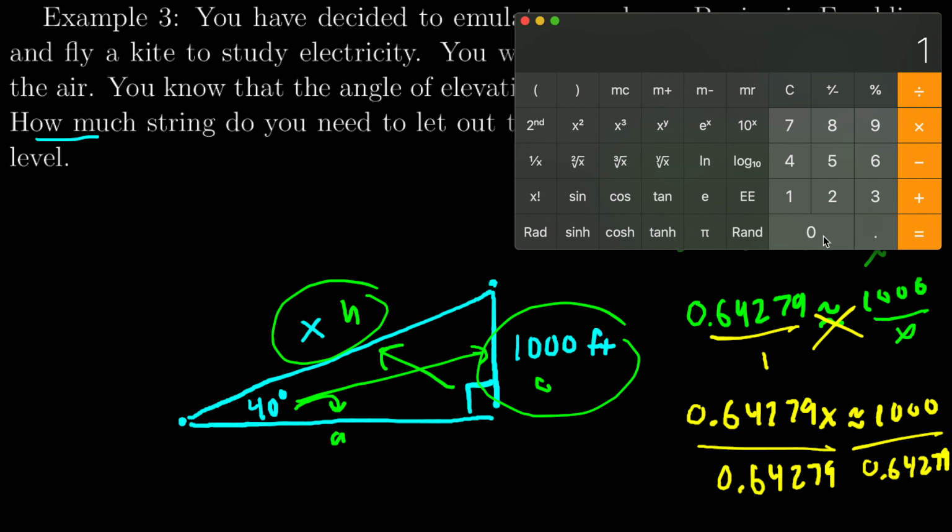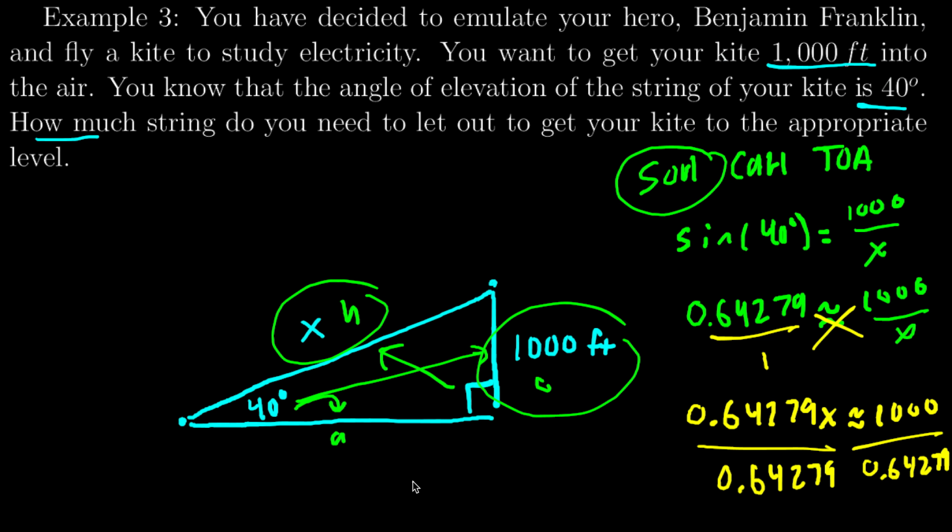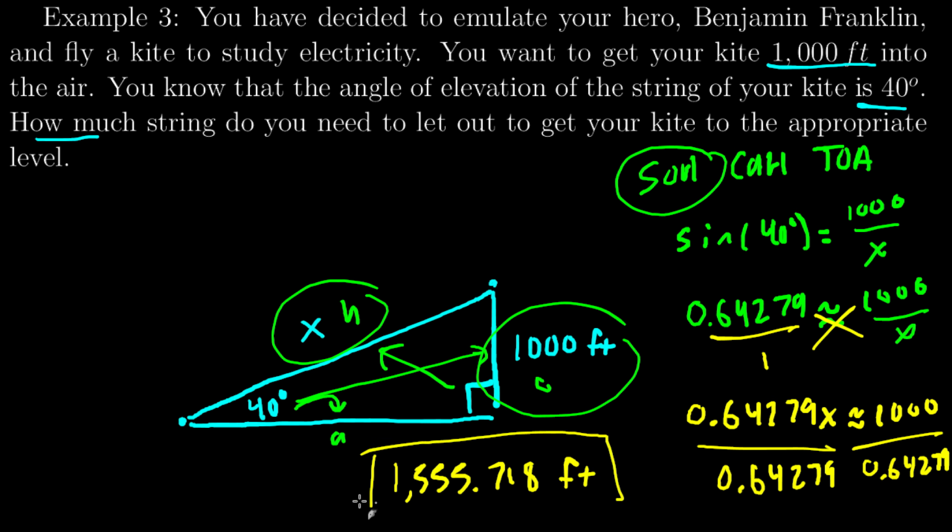Okay, 1,000 divided by 0.64279, and I get about 1,555.718. And that's in feet. And as a little check, it should make sense that this is longer than that. You can see this side is longer than that.